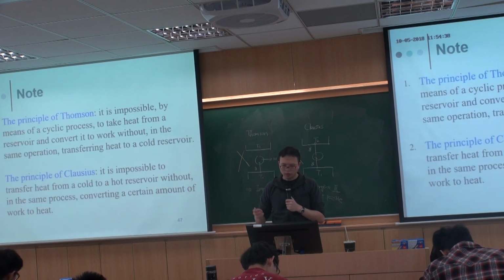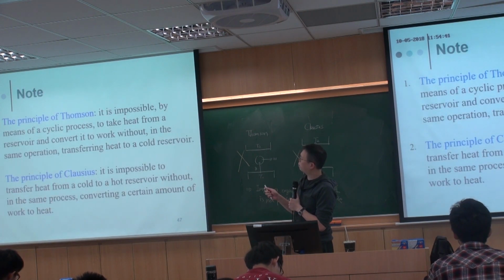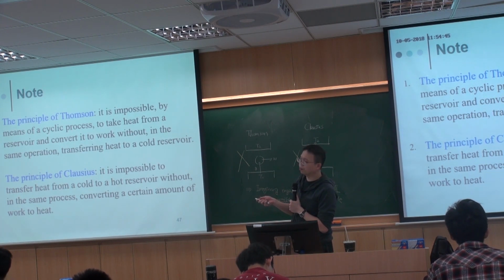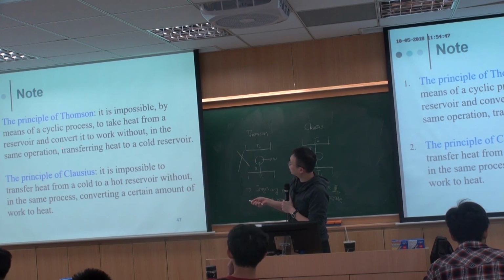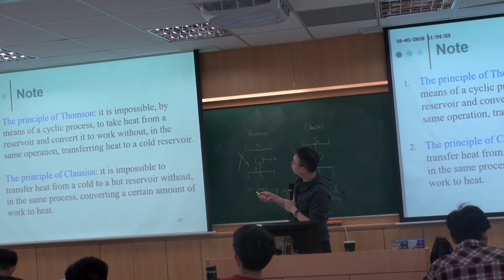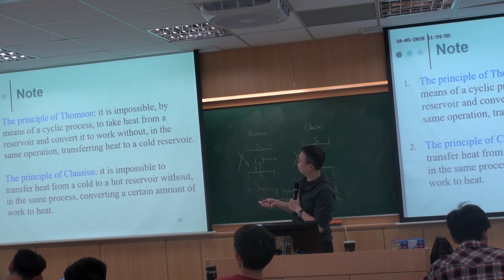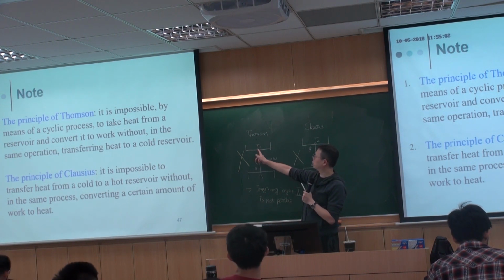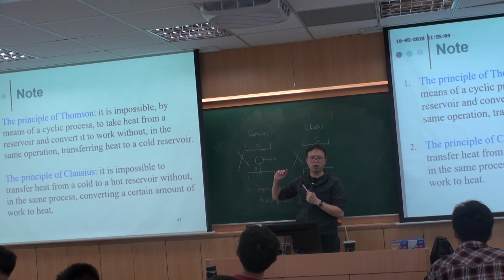So this was what I put in the very beginning of the semester from the book of Peter Atkins, that the principle of Thomson is that it is impossible by means of a cyclic process to take heat from a reservoir and convert it to work without transferring heat to a cold reservoir. You always need to dump something into a heat reservoir.